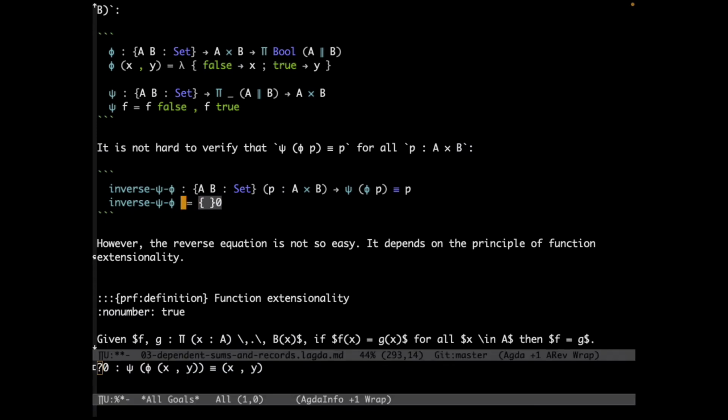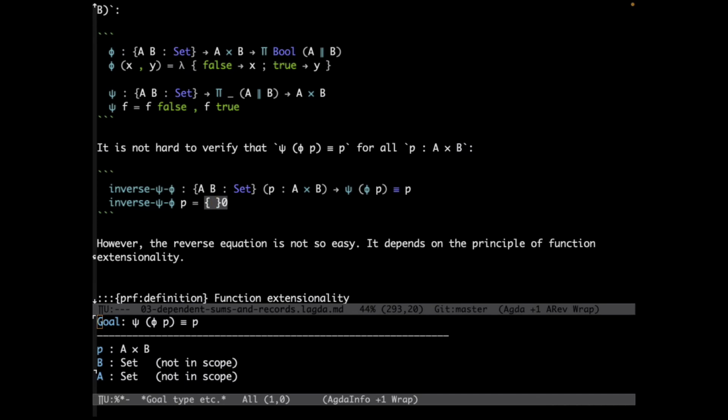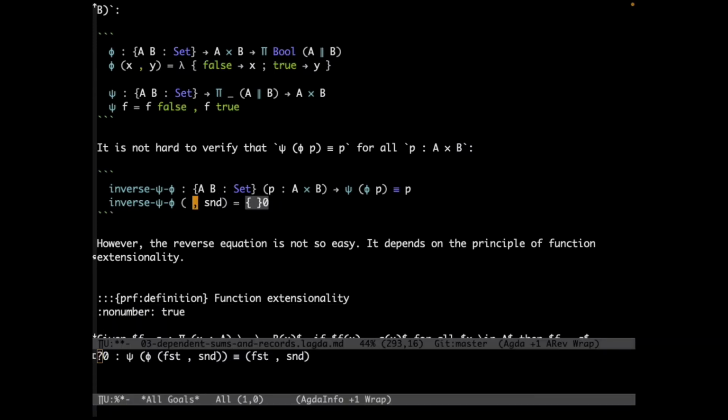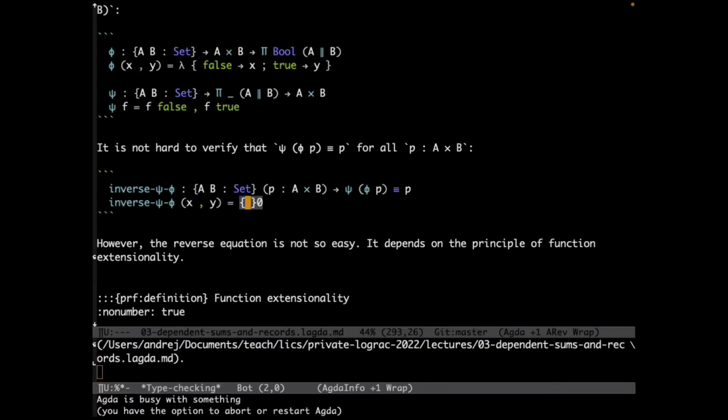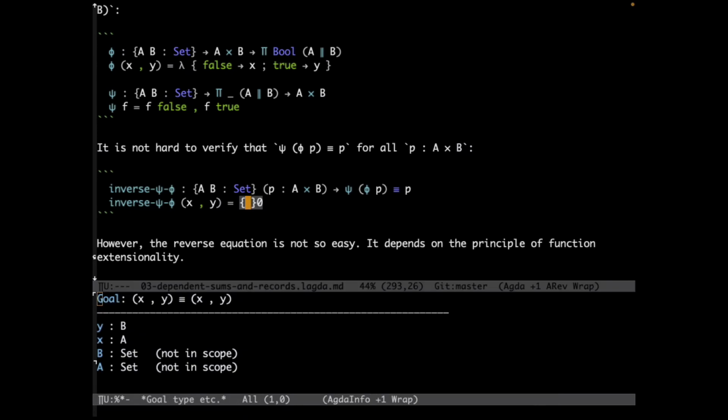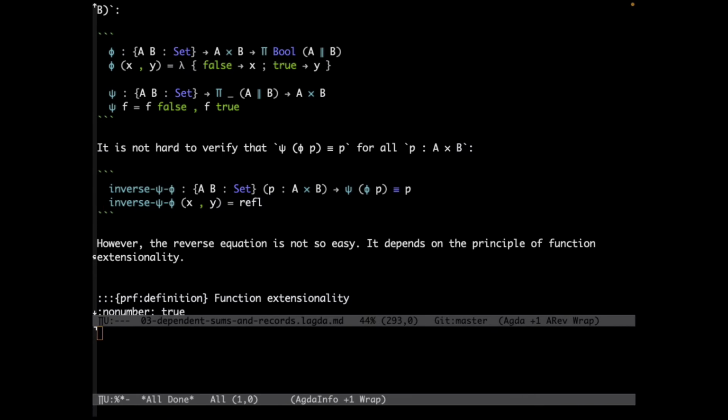Well, you write this, and then you say, well, p is from a product, so I could do Control C on p. And then it gives ridiculous names, which I feel the urge to change. And now I need to show this. And if I normalize, it says, well, this is just the same on both sides, so that's very easy. They do compute to identity.